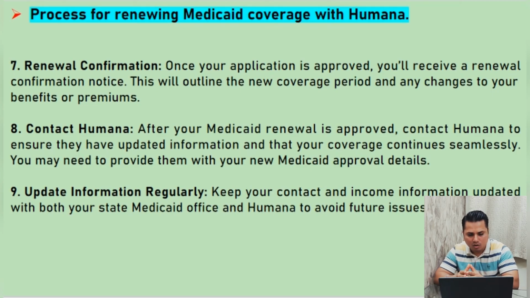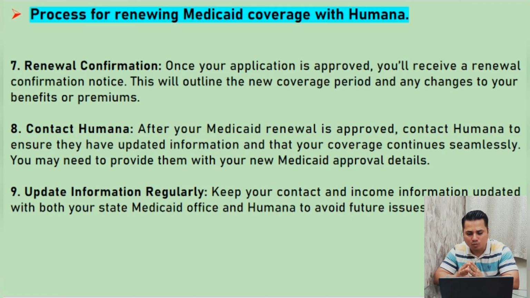Number 7, renewal confirmation. Once your application is approved, you will receive a renewal confirmation notice. This will outline the new coverage period and any changes to your benefits or premiums. Number 8, contact Humana. After your Medicaid renewal is approved, contact Humana to ensure they have updated information and that your coverage continues seamlessly.